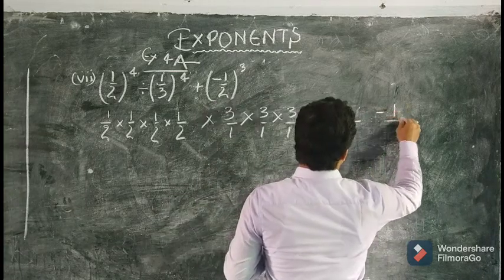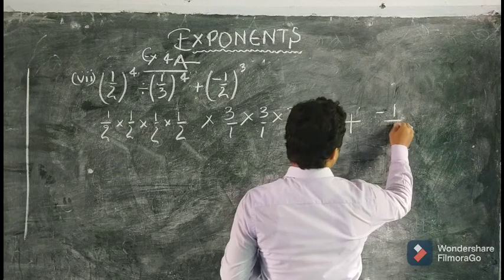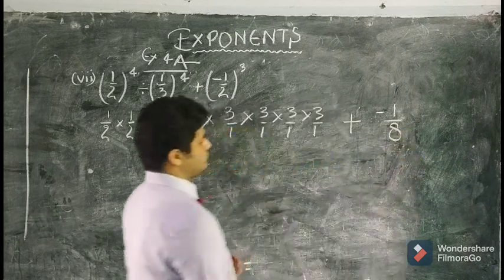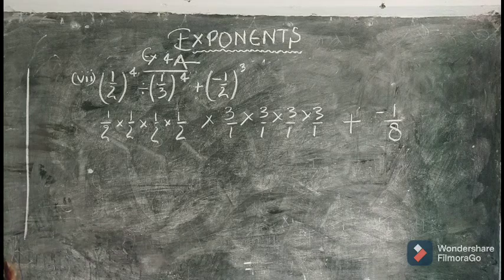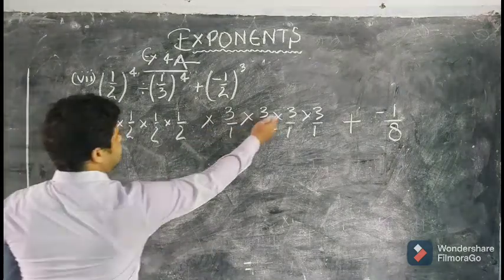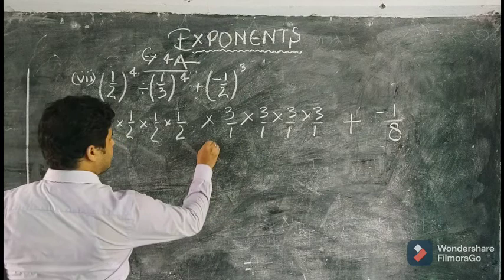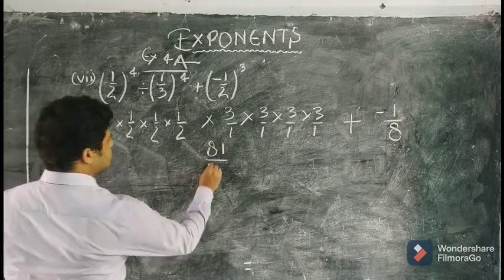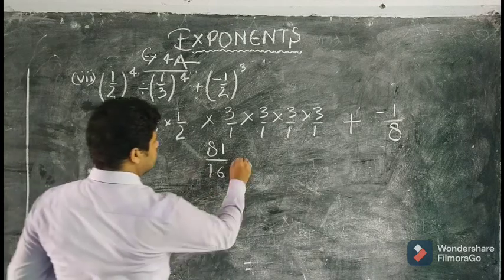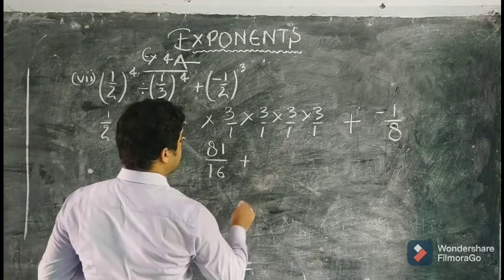So minus 1 cube will be minus 1 and 2 cube will be 8. So 3 3s are 9, 3s are 27, 3s are 81 upon 2 2s are 4, 2s are 8, 2s are 16 plus minus 1 upon 8.